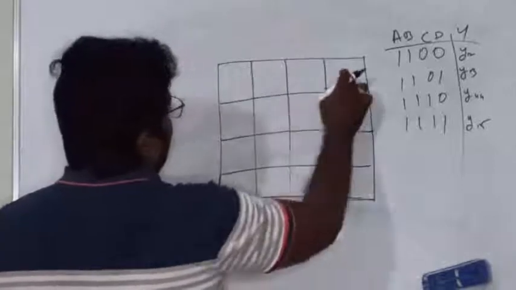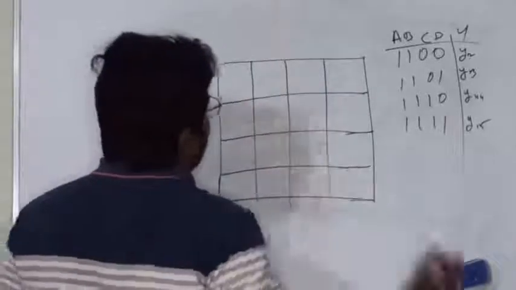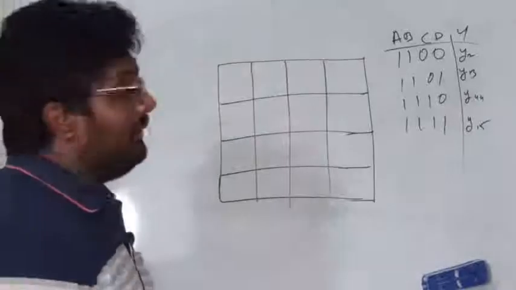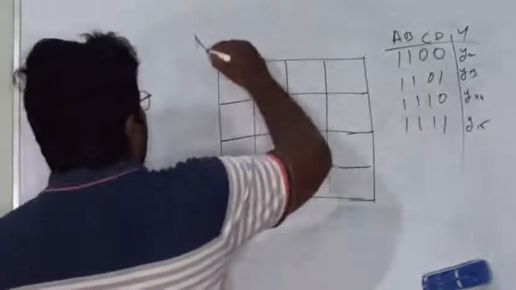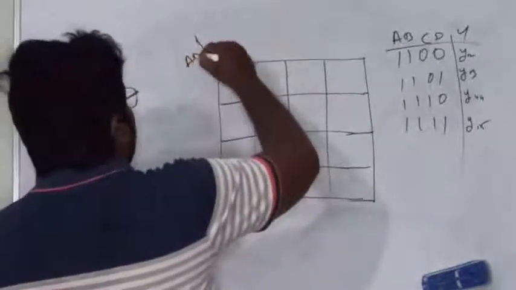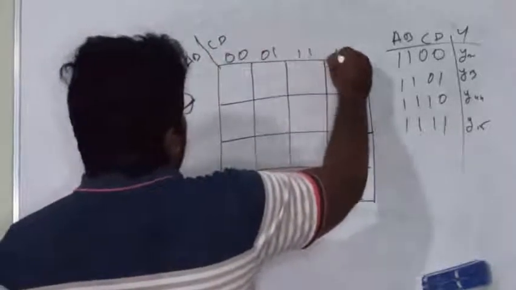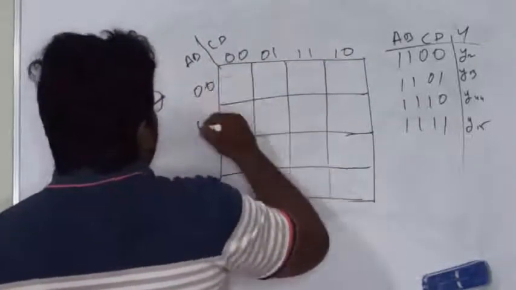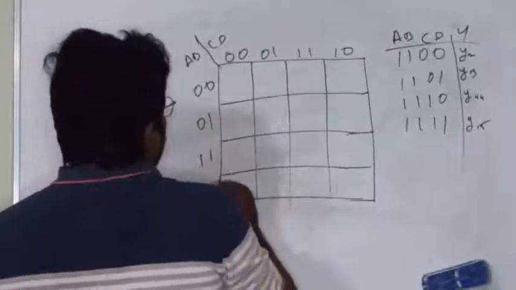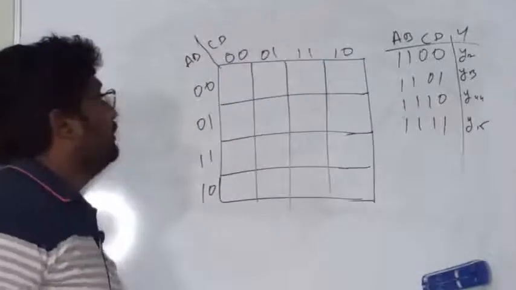So 1, 2, 3, 4, 1, 2, 3, 4. Yes, it consists of 16 spaces. So here I am having AB here and CD here, with the same sequence 0 0, 0 1, 1 1, 1 0, and 0 0, 0 1, 1 1, 1 0.